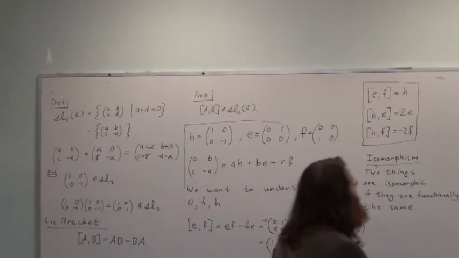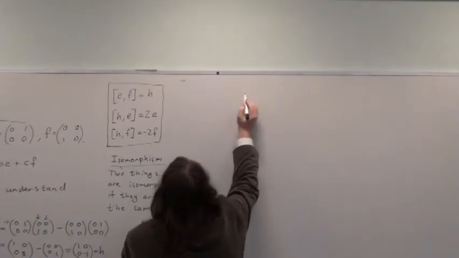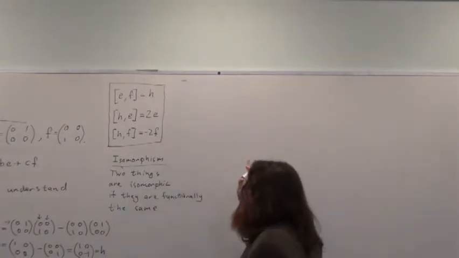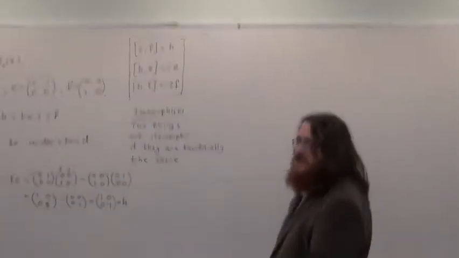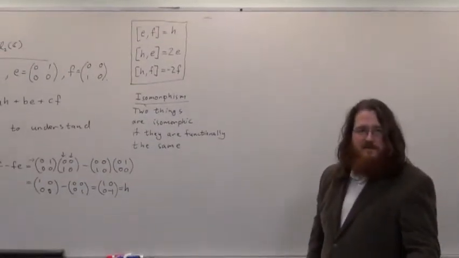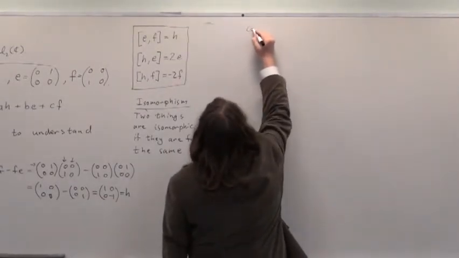So my contention is the following. Instead of looking at matrices, we can go to an entirely different world, the world of calculus and derivatives. Let's consider the following example.